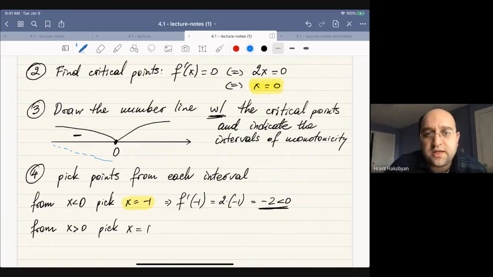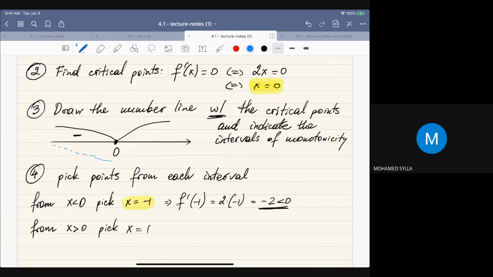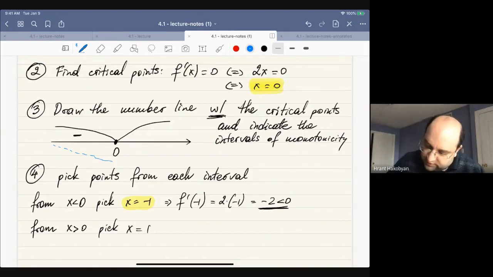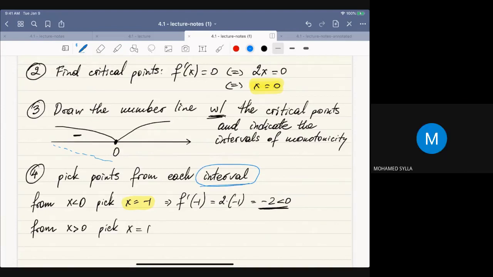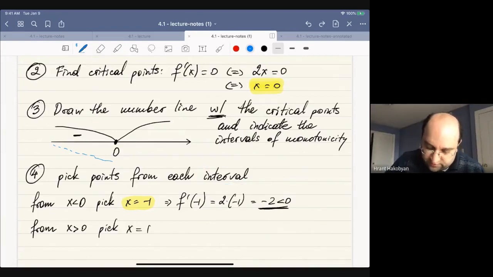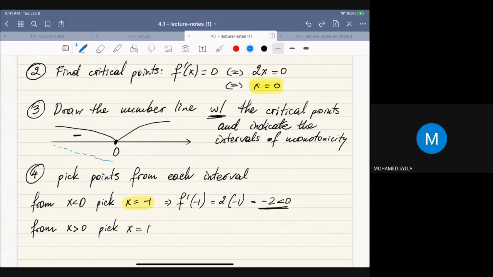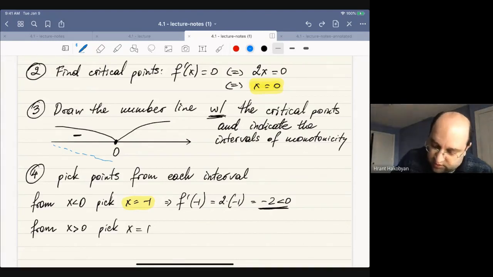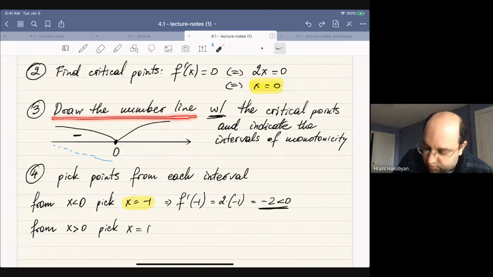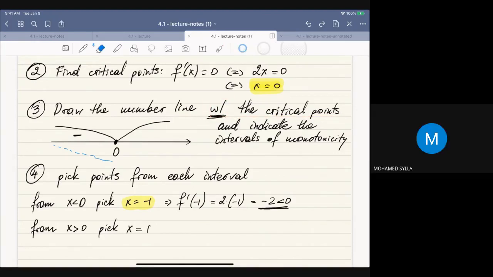I have a question. What's the word at the end of step three? Draw the number line with the critical points. The last word?